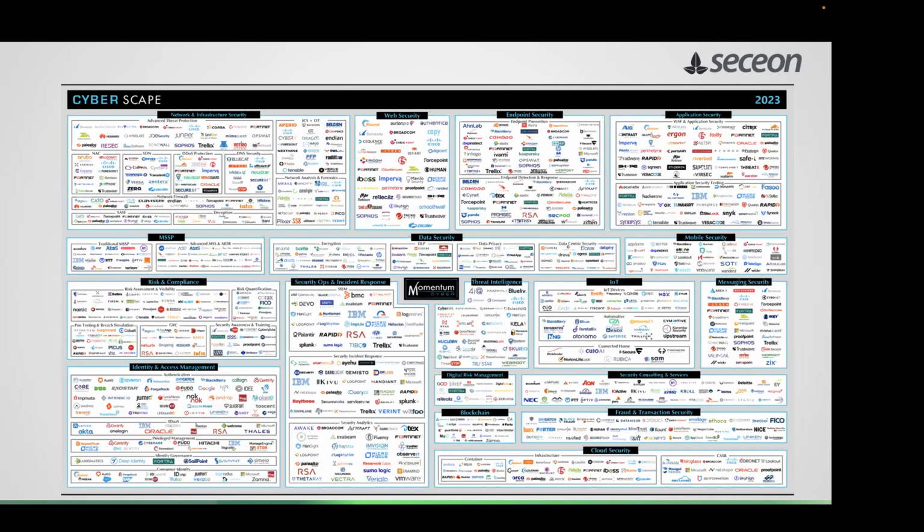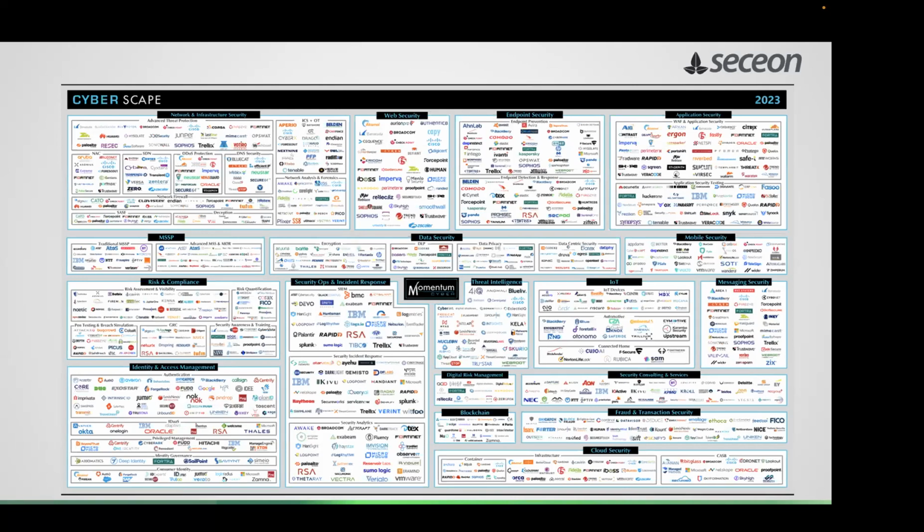there's a great number of vendors that are producing software solutions or platforms, and in many cases, very narrowly focused point solutions. So you may be familiar with one of the most popular landscape views of the market.